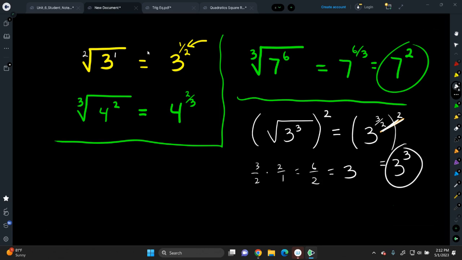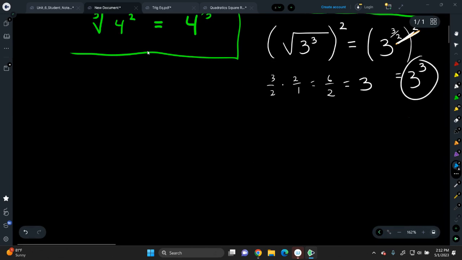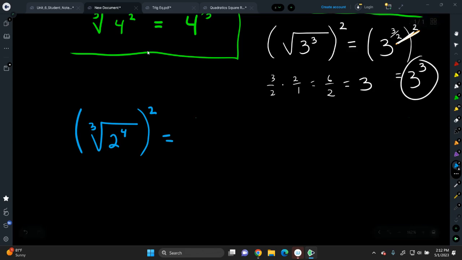Okay. Let's look at this one. Let's do the cube root of 2 to the fourth, to the second power. Okay. So we're going to do what's inside the parenthesis first.